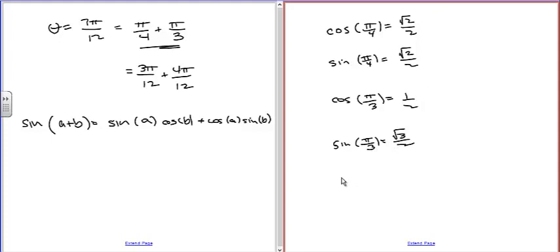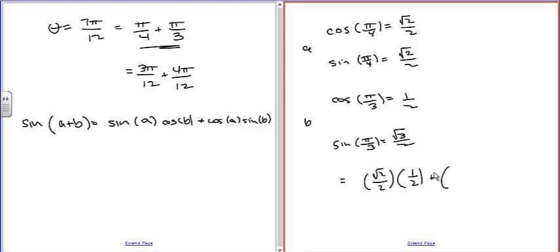So what we end up with is, if we have the sine of A plus B, it's the sine of A. So we'll call this A and we'll call this B. So we get the sine of A, which is the square root of 2 over 2, times the cosine of B, which is 1/2.